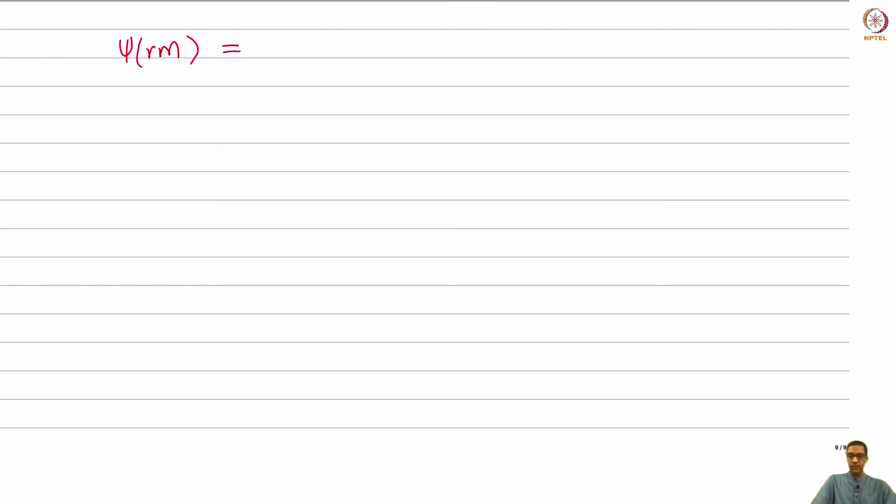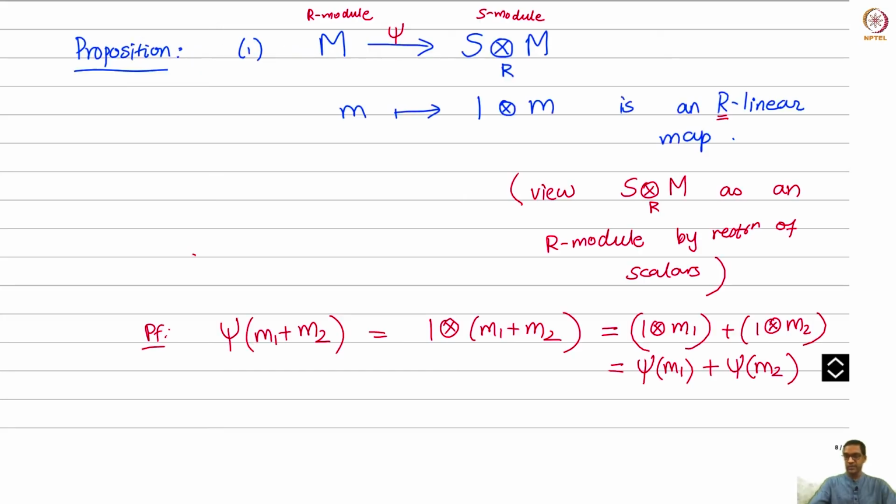Let's check the second one, which is what happens if I put R in front of the M. So what is psi of Rm? Well, it's one tensor Rm by definition. Now recall this tensor symbol here is also R balanced, because I'm taking the universal property with respect to balanced maps.